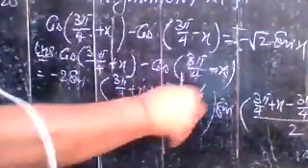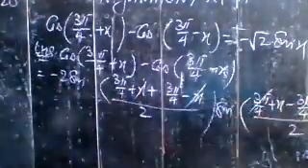And check it. x cancels out. 3 pi by 4 cancels out.